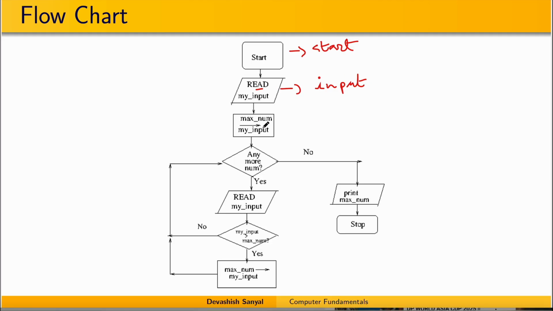And the next one is telling us that we will allocate two memory spaces. One is max_num, like I had already explained before, and one is my input.